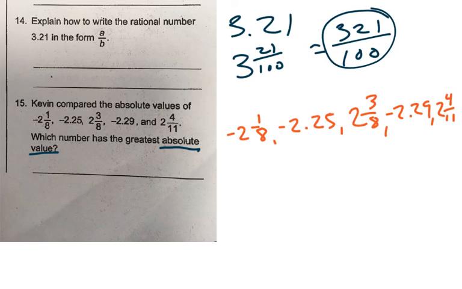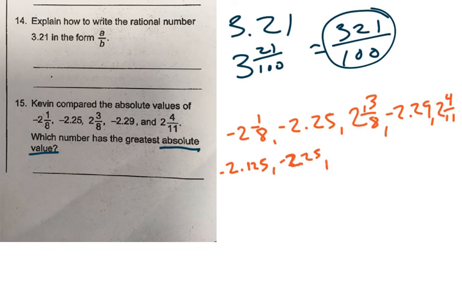So if I take 1 divided by 8 in my calculator, I'm going to get negative 2 125 thousandths. Negative 2 2500ths is already in decimal form. Then I'm going to take 3 divided by 8 to convert this 3/8 to a decimal.